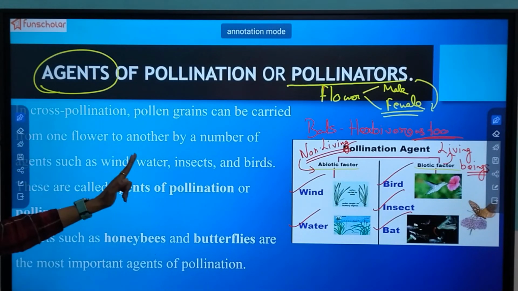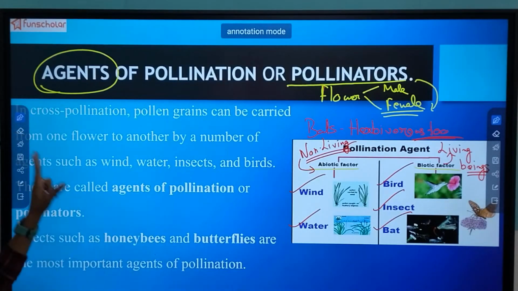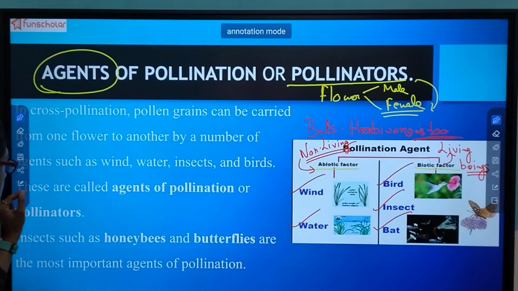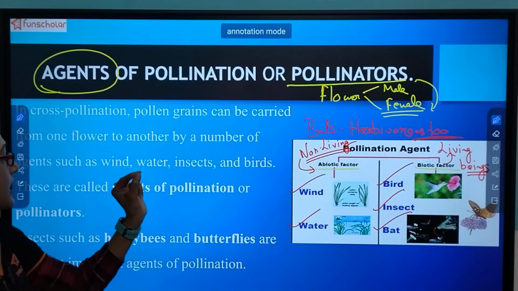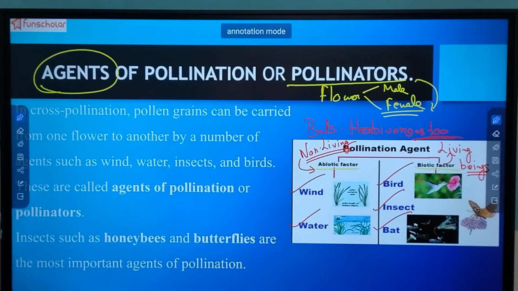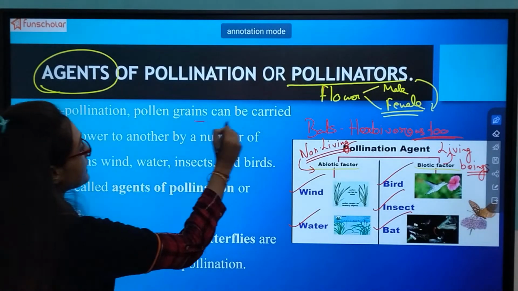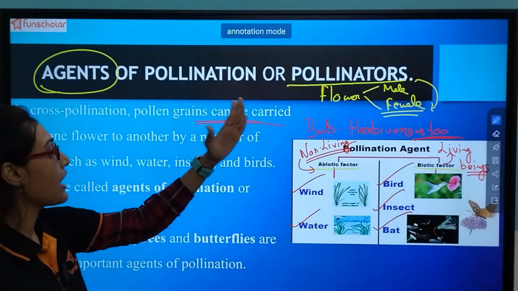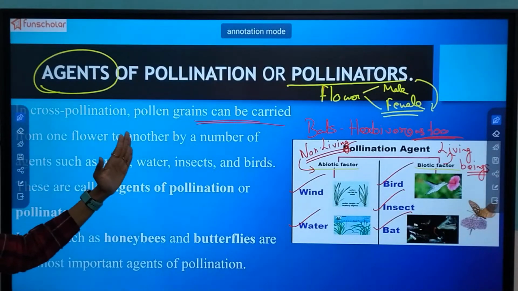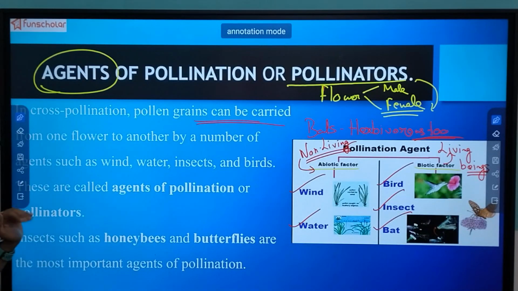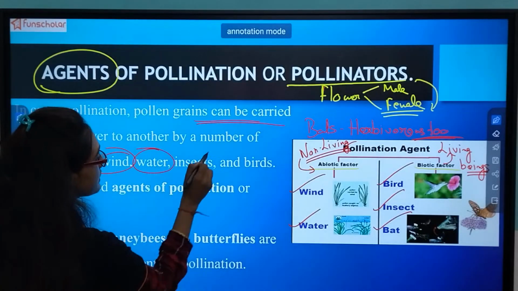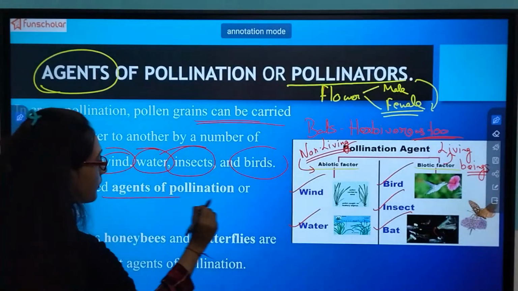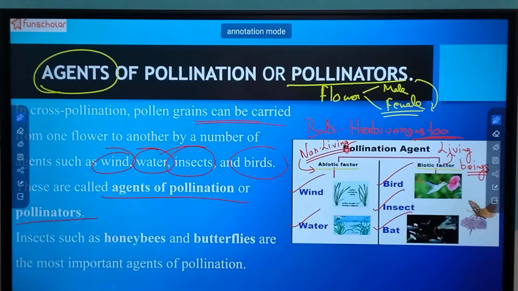Now let's read. In cross pollination, pollen grains can be carried from one flower to another by a number of agents such as wind, water, insects, and birds. These are called agents of pollination or pollinators.